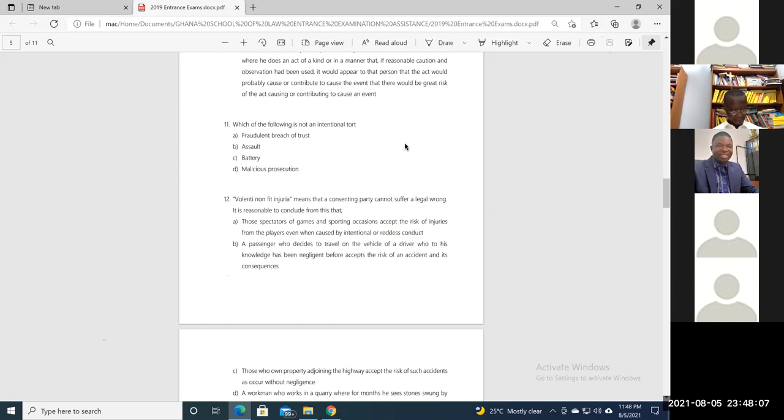The law on malicious prosecution, in the case of Musa and Limowolana, there were 5 elements stated in that case for one to establish the tort of malicious prosecution. So the very first element is that the plaintiff must establish that there was a criminal proceeding initiated which terminated in his favor, and then there was actual malice, and then due to that there was damage.